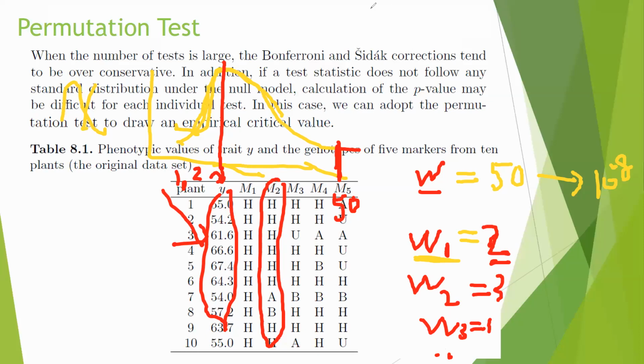If you permute this data many times, the distribution of the test statistic based on the permuted samples will give you a null distribution. Do you agree?